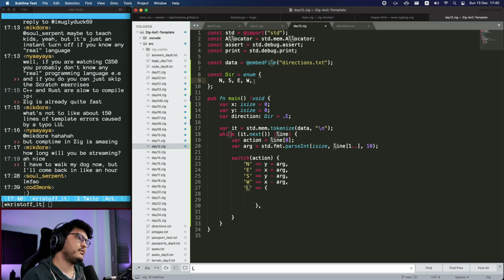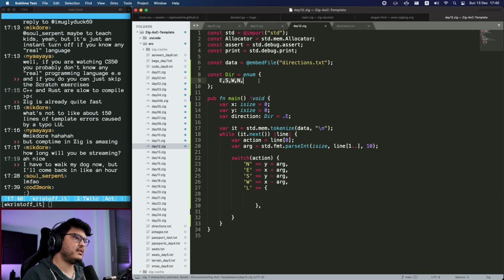Let me think about it. So let's see if this numerical trick helps us. We want east, then after east we have south, then after south we have west, then after west we have north. This is one possible permutation of many, but the ordering at least is right.